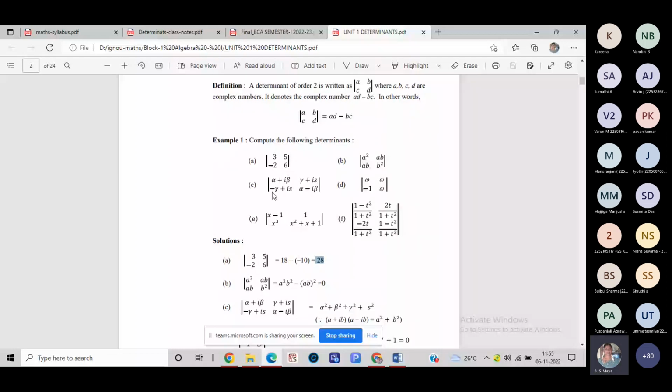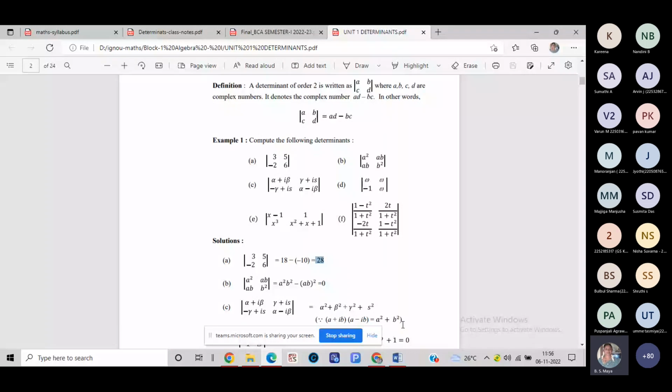Alpha plus I beta into alpha minus I beta. Don't look at the answer, just do it. There is one shortcut method. A plus I beta into A minus I beta can be represented as A square plus B square, where the I terms cancel together.